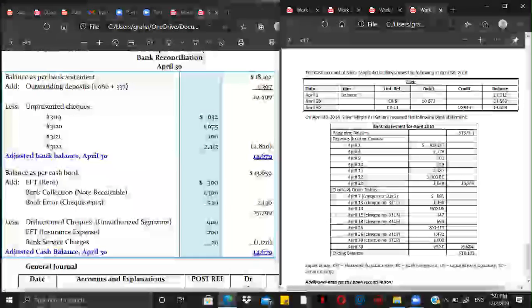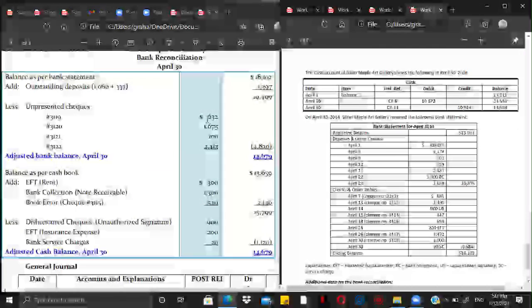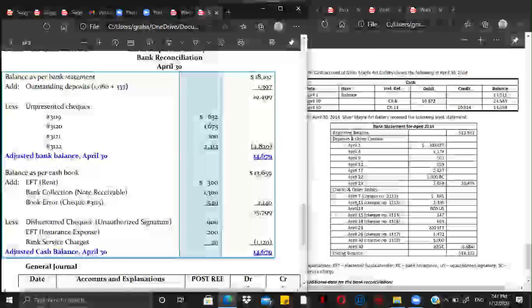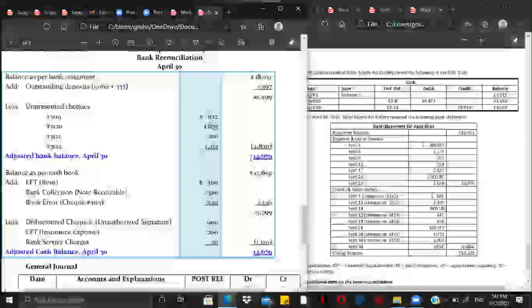So that means we took out $540 more than what we should have taken out. So in order to get it back to the correct figure, the correct ending balance, we have to add this 540 to correct the error because we took out 540 more than we should have from the cash payment. So that's that.